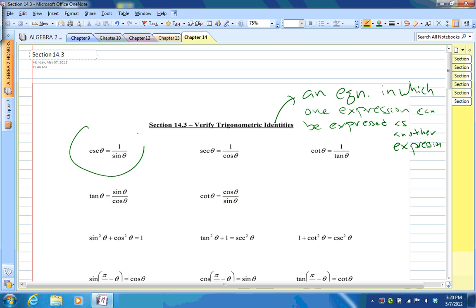So for example, cosecant theta could be expressed as 1 over sine theta. Secant theta could equal 1 over cosine theta. Cotangent theta could equal 1 over tangent theta. These we know.